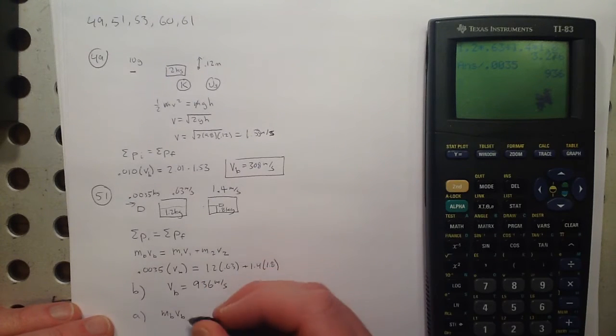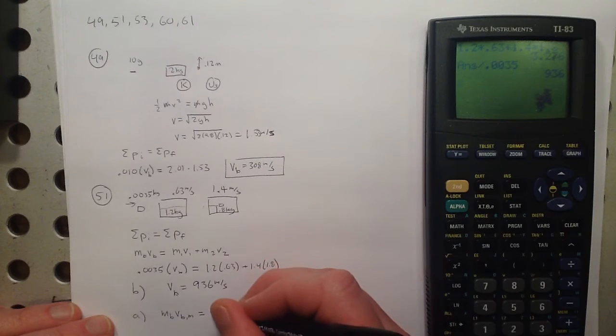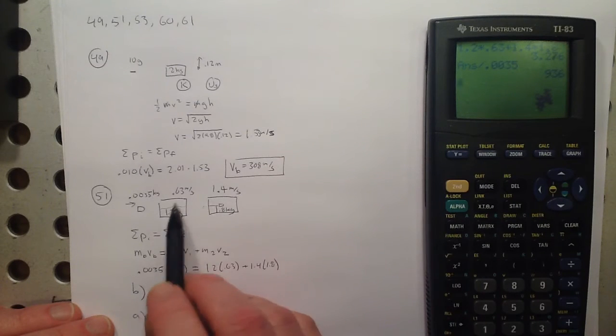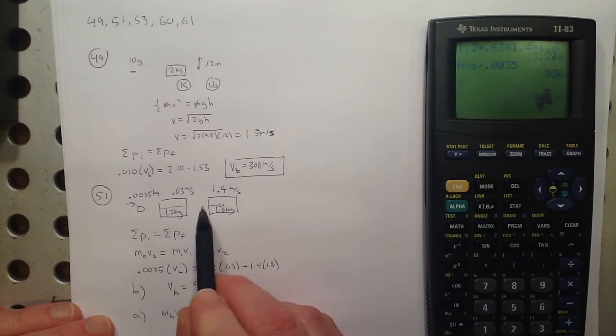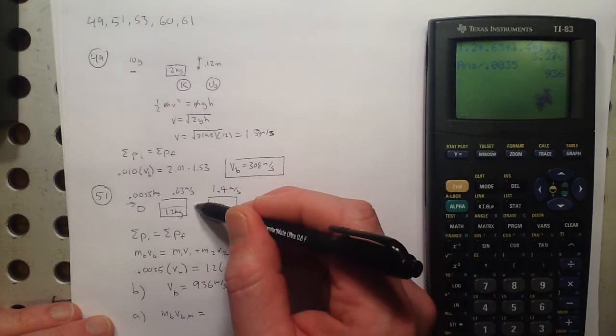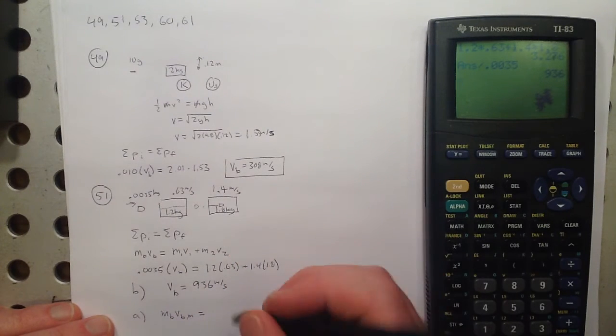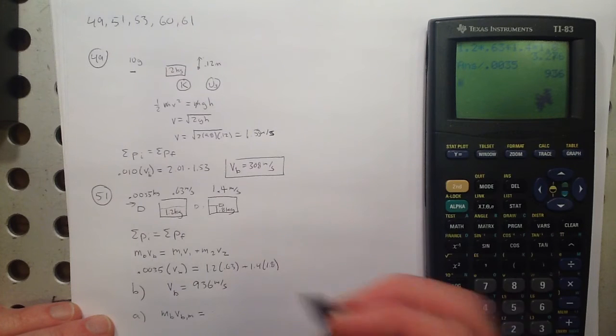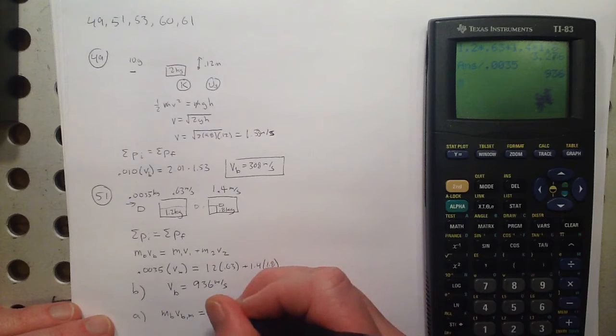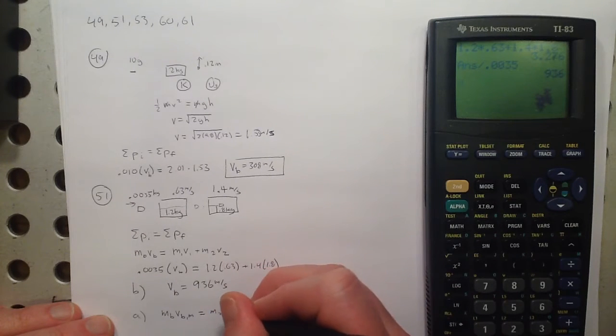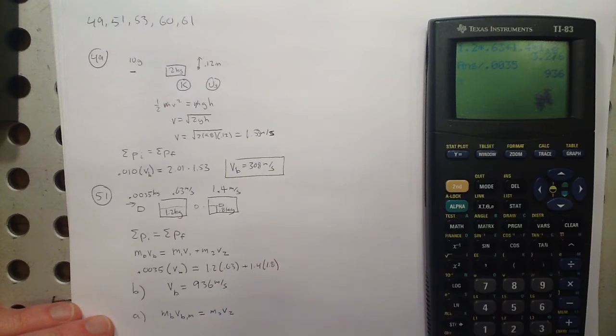That's the in-between, so I'll call that the middle, in the middle of the two blocks, is equal to the final momentum just of this block. So now I'm ignoring what happened with this block. I'm just doing the bullet as it goes into this second block. And that would be the mass of block 2 times the velocity of block 2.